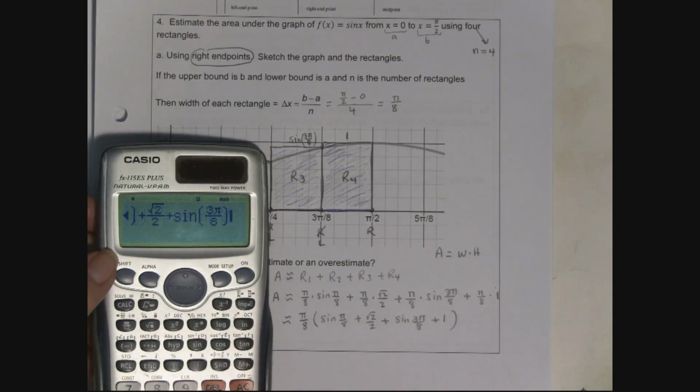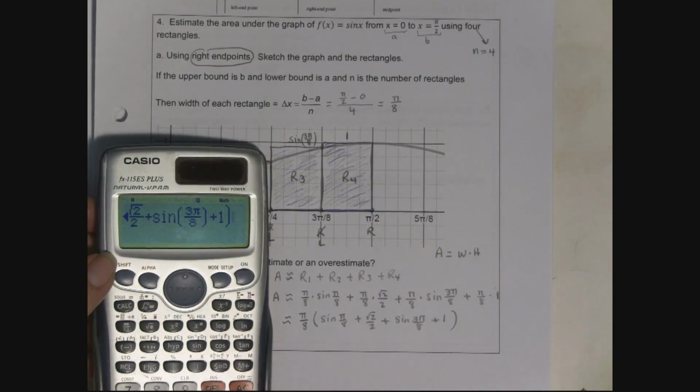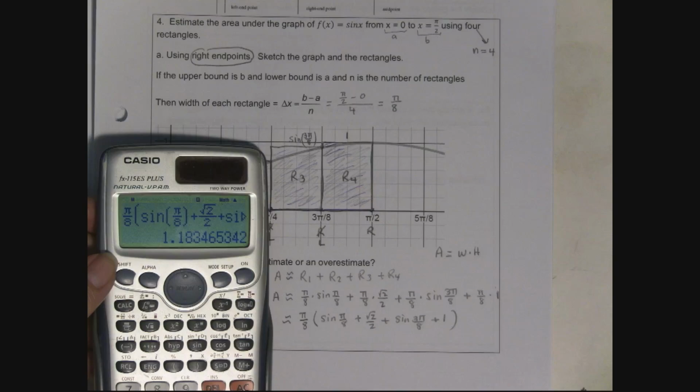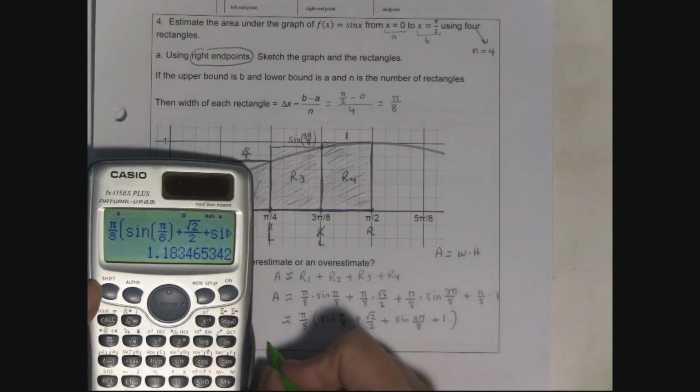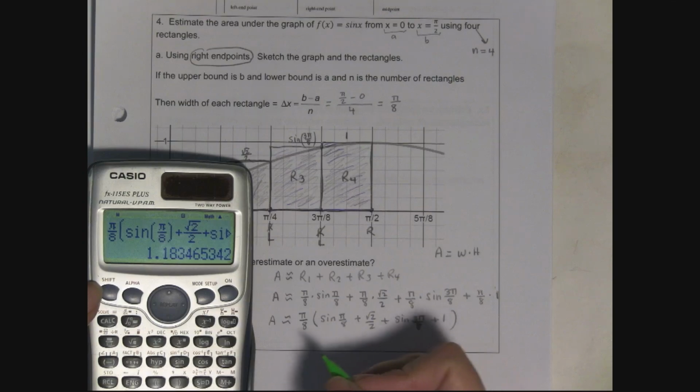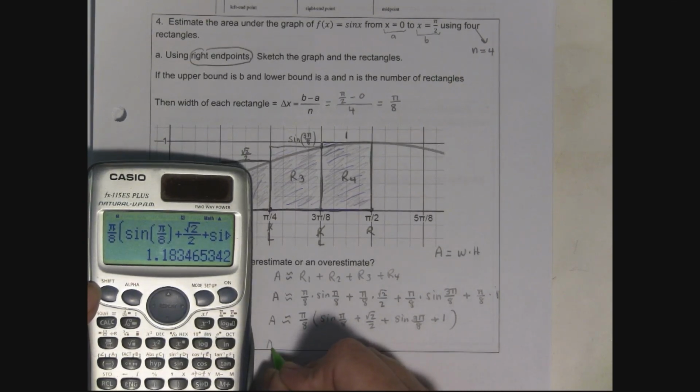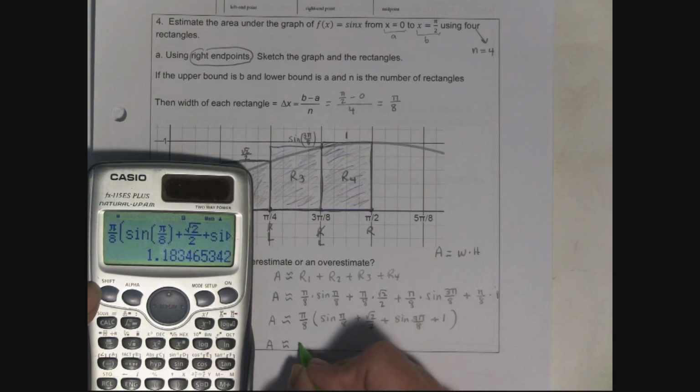Close those parentheses, and then plus 1. And close the parentheses because that'll be all times the pi over 8 that we had on the front. I hit equals, and the calculator says this is approximately, and they would need to tell me where to round. I don't know that they have told me where to round on this problem.